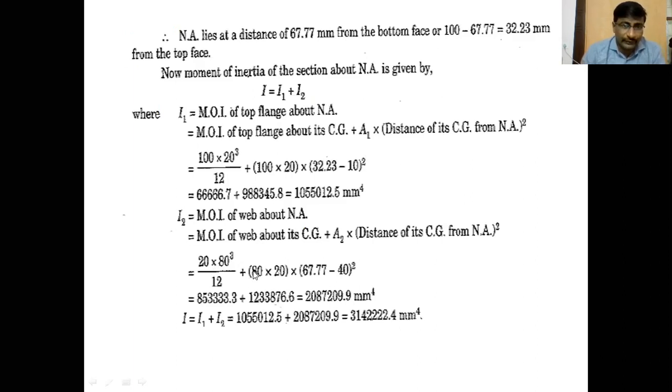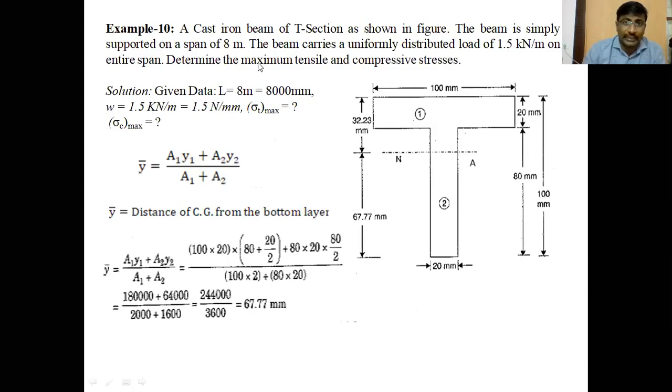20 into 80 cube by 12 plus web area, 80 into 20, into distance of its CG from neutral axis. Distance of its CG from neutral axis means, for this CG, center of gravity for the web portion is, for example, at this place. This is at a distance from the bottom layer of 40 mm, because total height of the web is 80 mm.